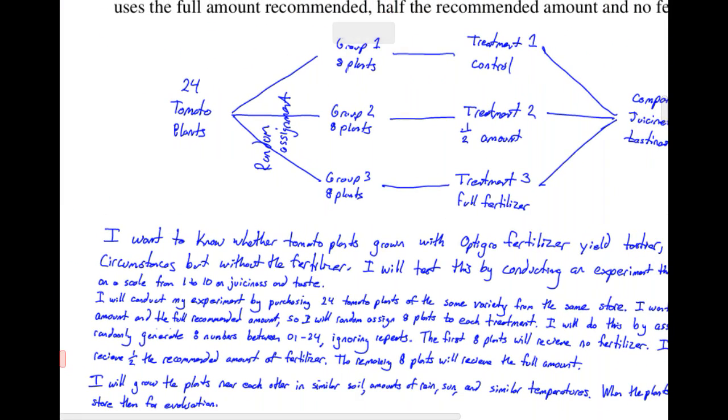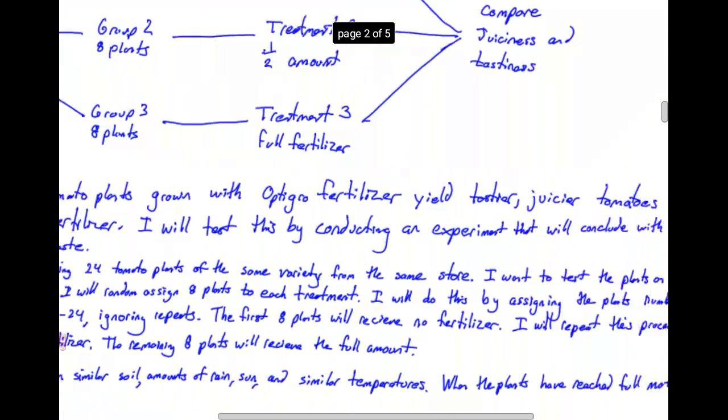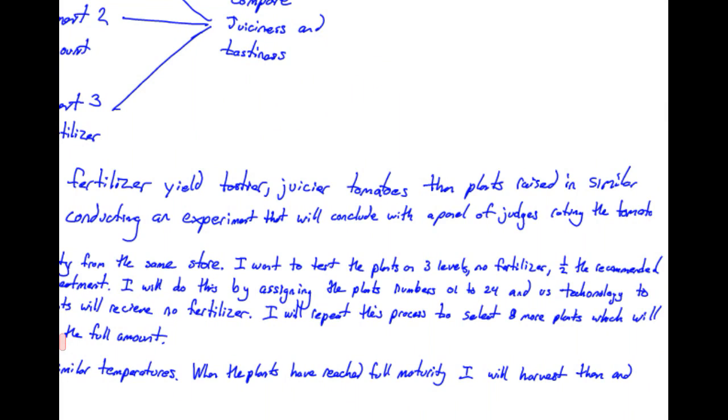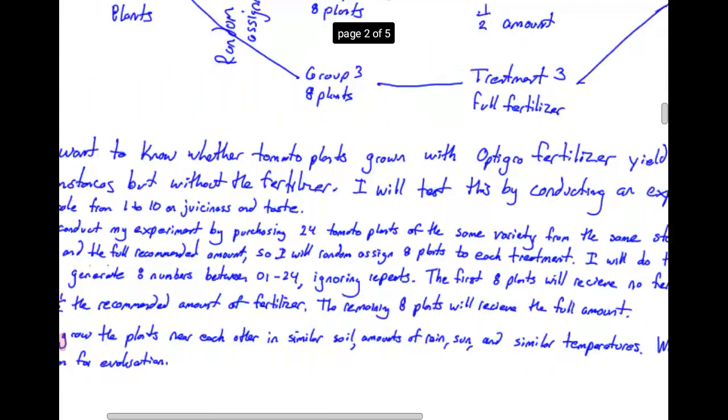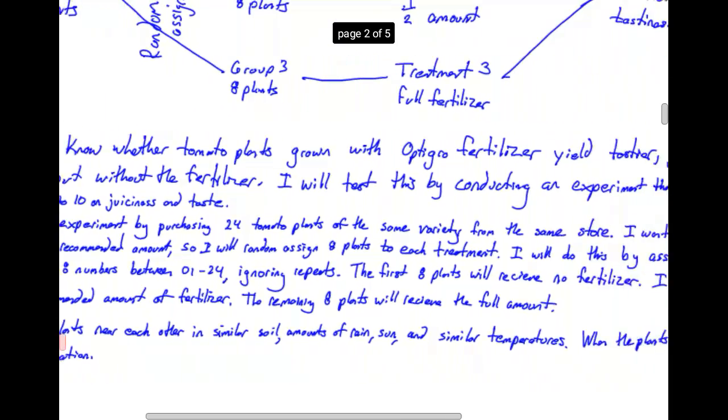I will conduct my experiment by purchasing 24 tomato plants of the same variety from the same store. I want to test the plants on 3 levels: no fertilizer, half the recommended amount, and the full amount. So I'll randomly assign 8 plants to each treatment.